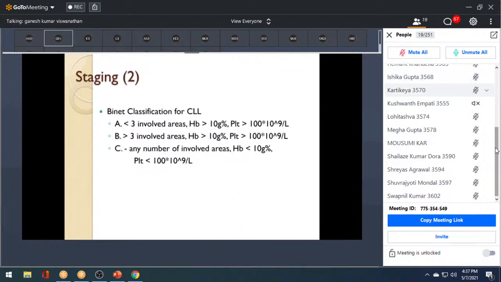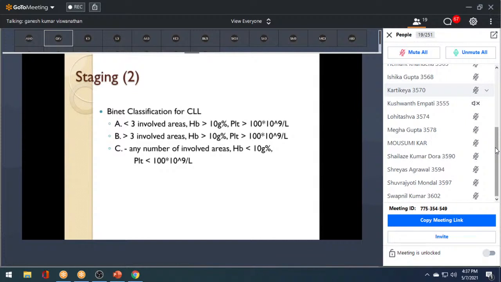Binet is a slightly simpler classification, but again, it is based on the blood counts, mainly hemoglobin and platelet levels, and the extent of involvement of the lymph nodes. So what does involved area mean? Involved area talks about the lymph nodal region. If the patient has right and left cervical lymphadenopathy, mesenteric lymphadenopathy, and inguinal lymphadenopathy, then you can say that the patient has more than 3 lymph nodal areas.